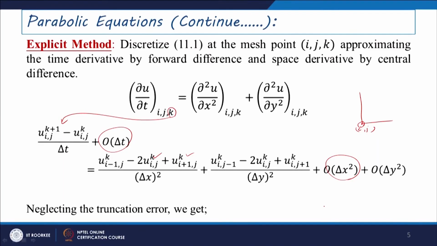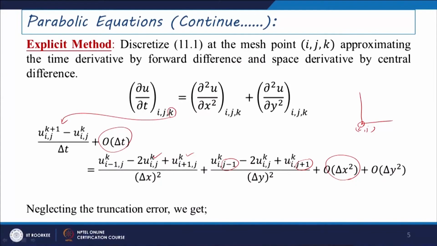For the del square u by del y square term, we take the central difference scheme at the i j coordinate, considering one step backward and one step forward. That is why it considers the j minus 1 point and the j plus 1 point together with the j point. Its order of approximation is also second order, so the higher order terms are occupied by the power of order 2 afterwards.